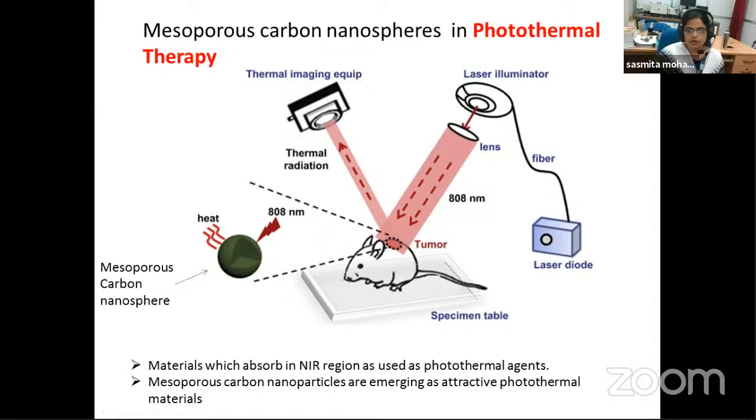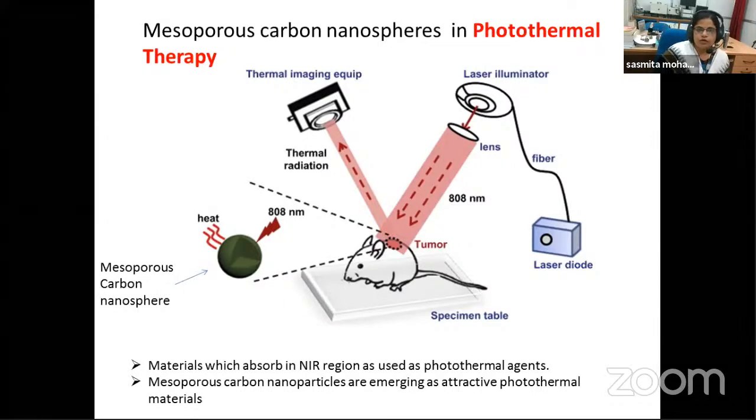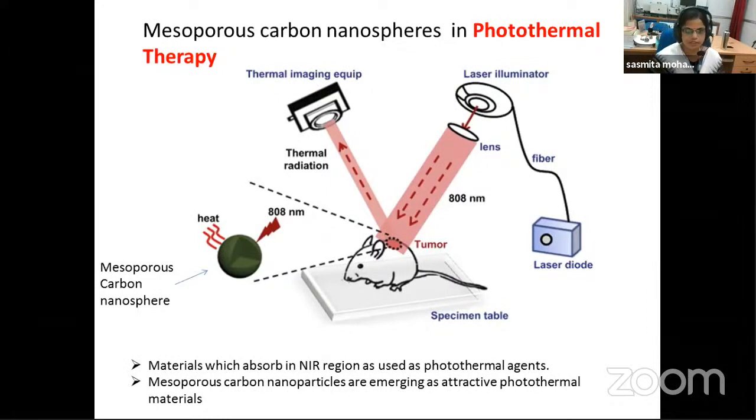Traditionally, gold nanorods have been used in cancer therapy as a photothermal agent. Gold nanorods, copper sulfide, all these are used. But the photothermal conversion efficiency is poor. Photothermal conversion efficiency is a parameter which shows how efficient your photothermal material is.